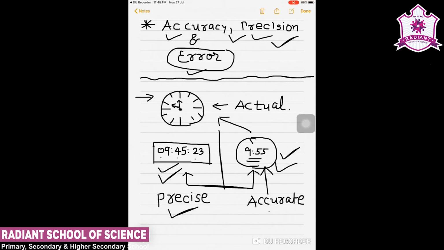Now when I measure it with two different clocks with their different parameters, one clock shows the time 9:55 and another clock shows the time 9 hours 45 minutes and 23 seconds. So here, which one is near the actual value?